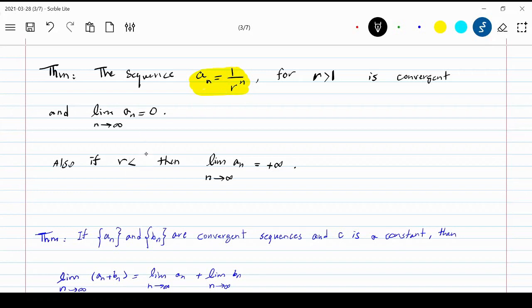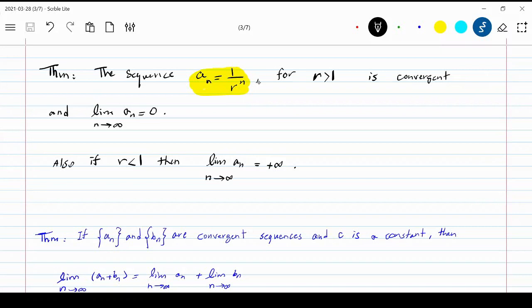So if r is less than 1, then the limit would be divergent, because the denominator would be decreasing very fast, and then the fraction is increasing towards infinity. Okay, so this is one of the main theorems that we will use later on for comparison.